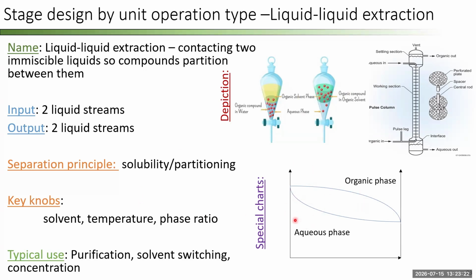Again, I'm going to have a partition window where I have how much of the phase is in the organic phase versus the aqueous phase. And I want to be working in a range where I can control what goes into the organic or the aqueous phase. I primarily can choose what my solvents are, what my temperature is, and how much organic or how much aqueous phase I have.